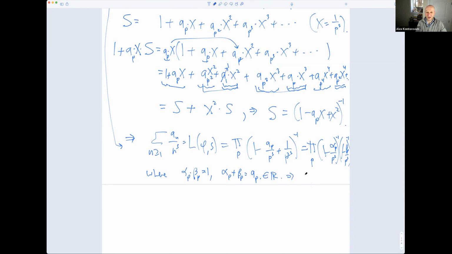So either the imaginary parts are both 0, alpha_p and beta_p are both real, in which case, here's 1, alpha_p is going to be over here, beta_p is going to be somewhere over here, beta_p is 1 over alpha_p. Or if they're complex, then they have to be complex conjugates. Alpha_p is equal to beta_p bar, and the norm squared of alpha_p is 1. So that's this unit circle.